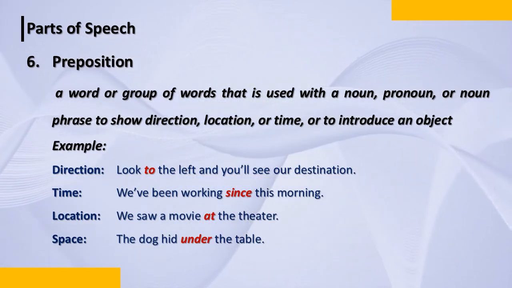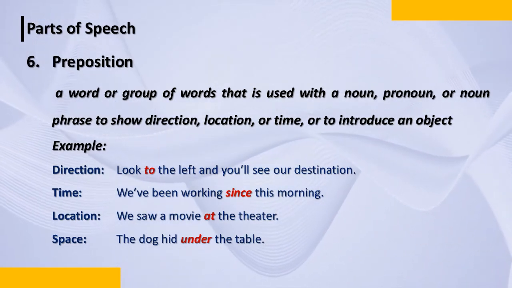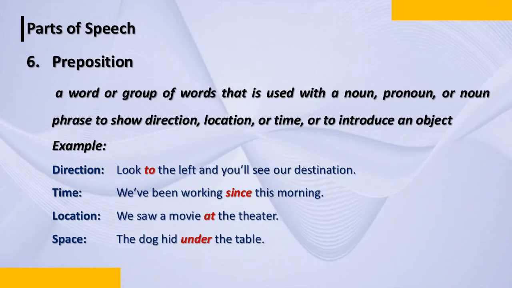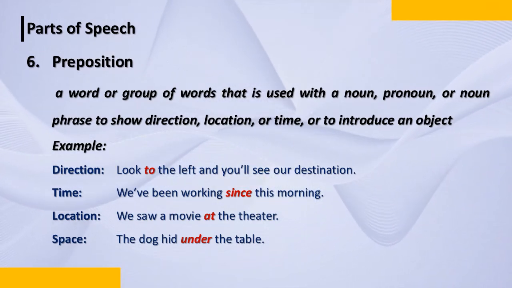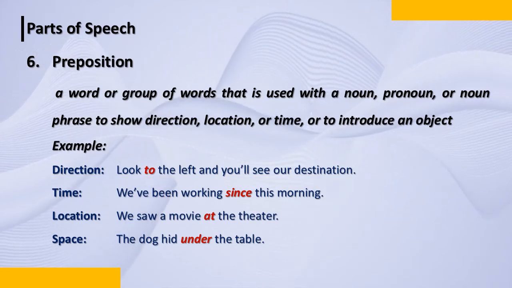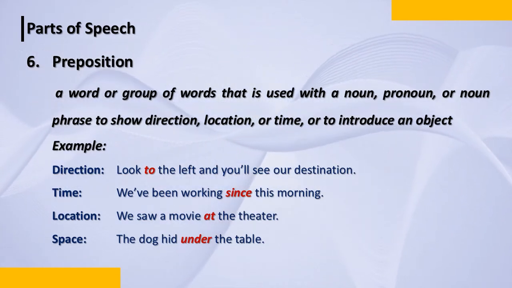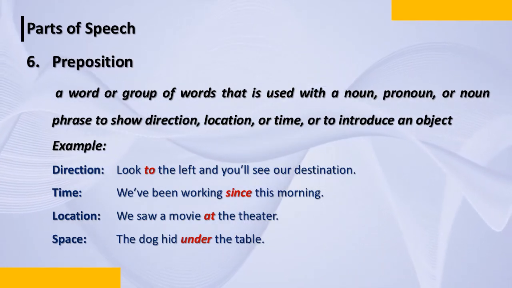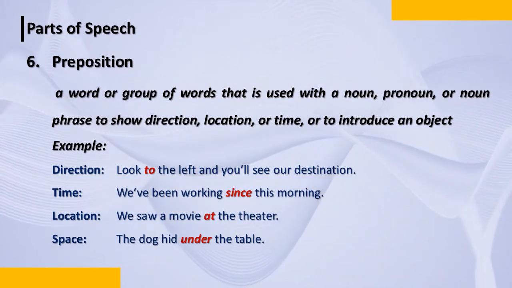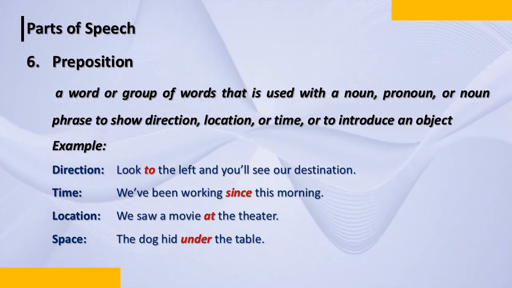Somebody comes to your house and is standing at the beginning of the road searching for yours. You call up and tell him, hey, look to the left. To the left. Direction: to. Time: we have been working since this morning. So a preposition. Since this morning.